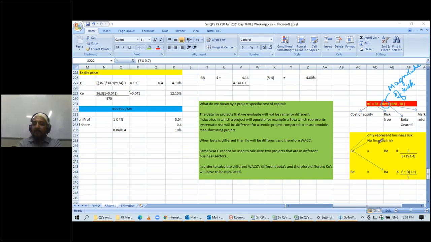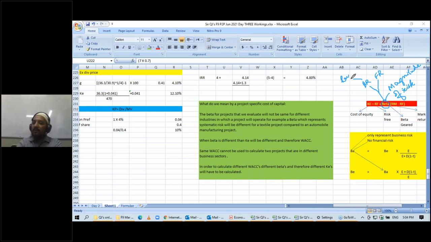that beta represents, one, the business risk. This is due to the effect of sales. And secondly, it represents the financial risk. The business risk is due to the fluctuation of revenues that are expected in future.